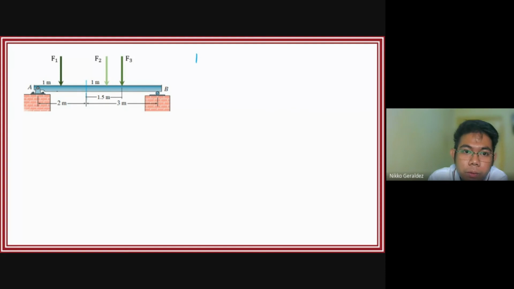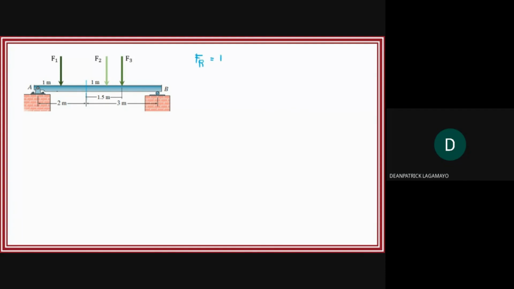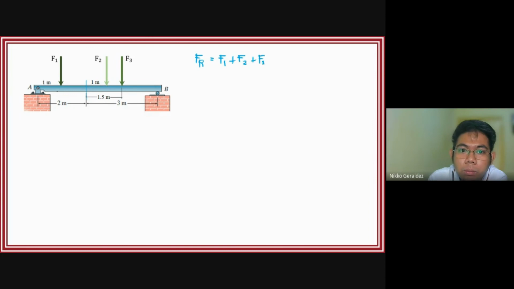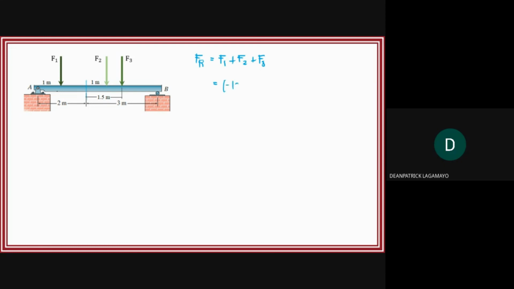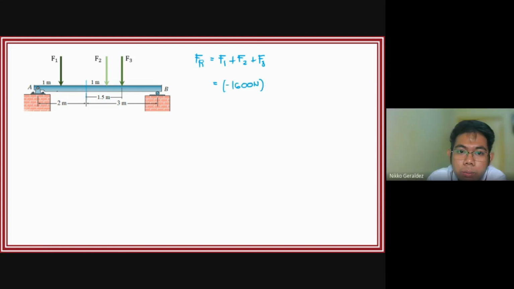The resultant force is equal to F1 plus F2 plus F3: negative 1,600 newtons plus negative 900 newtons and negative 600 newtons.